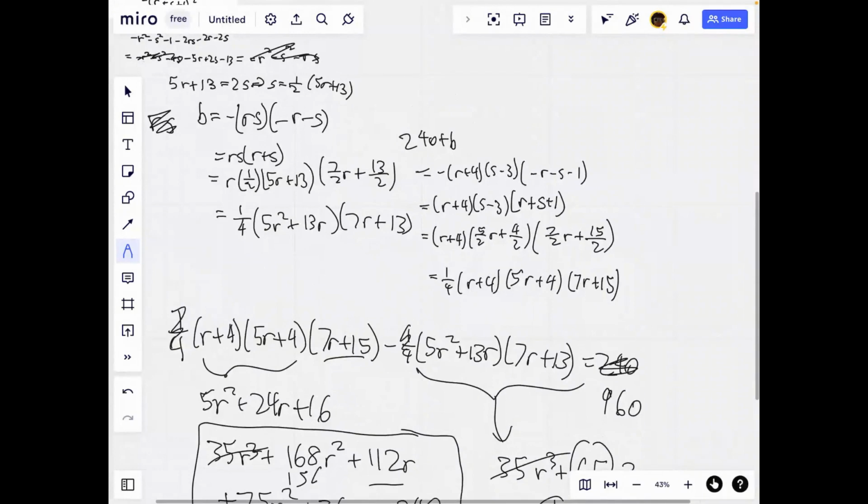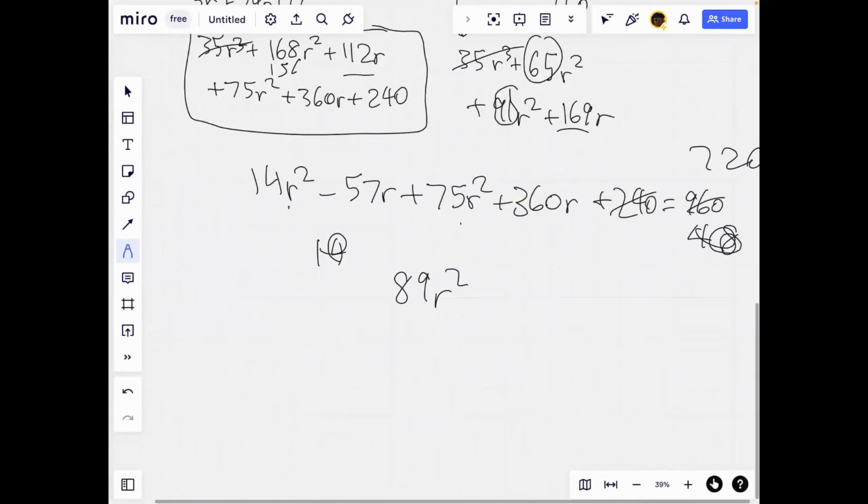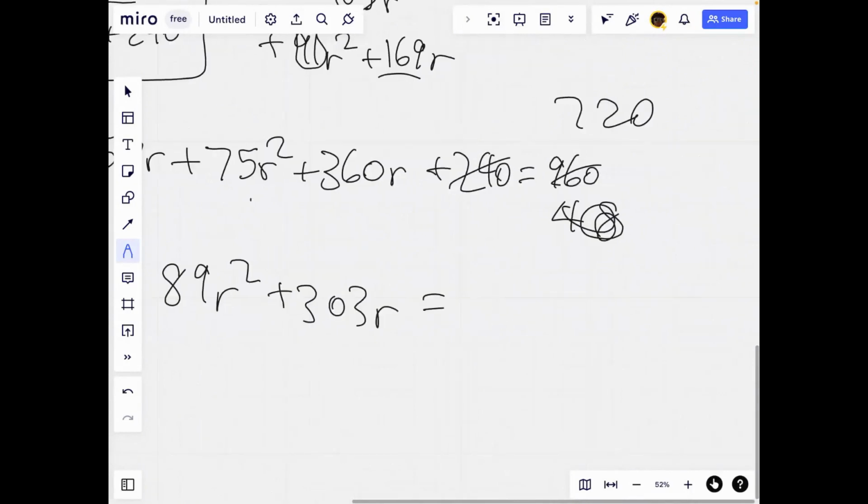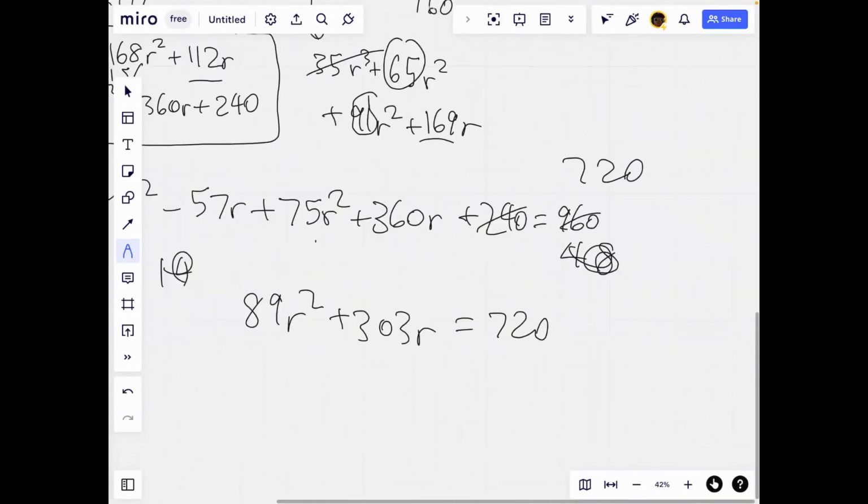Anyways, so 89r squared and then plus 303r is equal to 7. Yeah, I did something wrong.